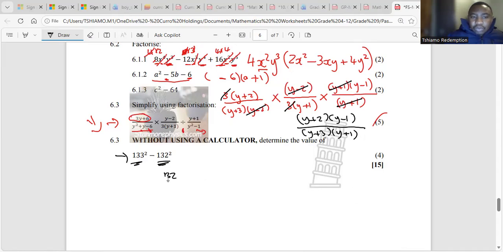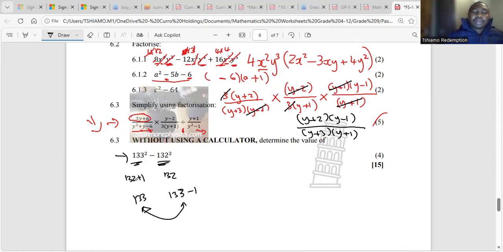This is 132. This is 132 plus 1. Do you agree? Or you can say this is 133 and this is 132 plus 1, so that we link the two. No, 133 minus 1. Okay, let me fix it here. 133 minus 1.